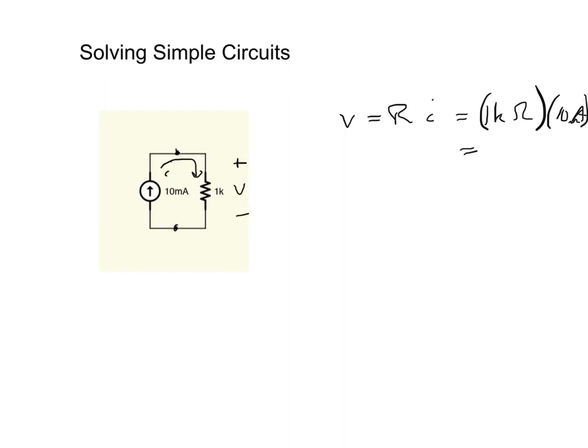It's nice because the factor of 1,000 implicit in the kilo ohms exactly matches the factor of 1/1000th in the milliamps. Then I can just multiply the 1 and the 10, and I get that the voltage is going to be 10 volts. And so I've solved this system too.